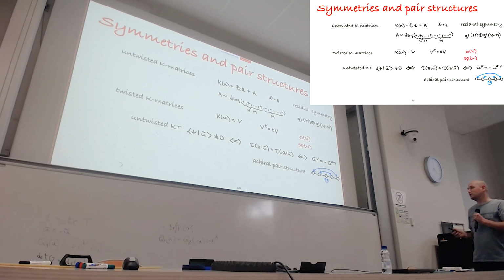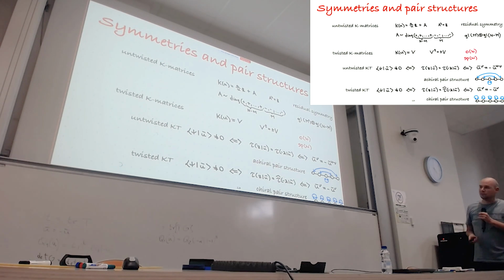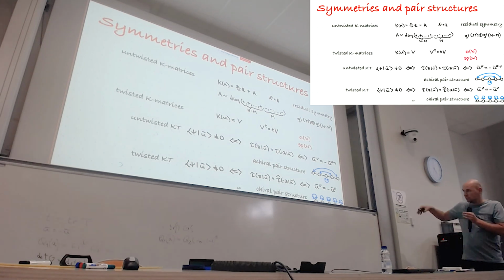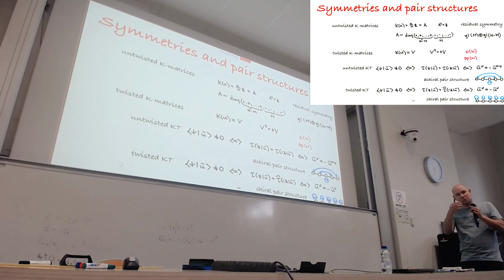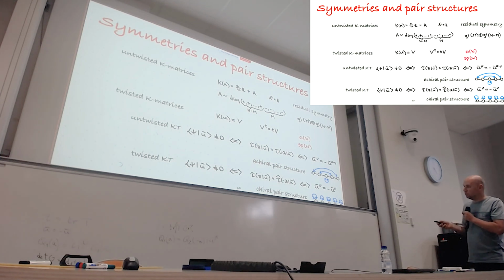So the first beta root set is equal to the last with opposite sign. So this is the achiral pair structure. And for the twisted KT relation, the non-vanishing overlaps require this other pair structure, where every set of beta roots is equal to itself with a minus sign. So every node is paired with itself.